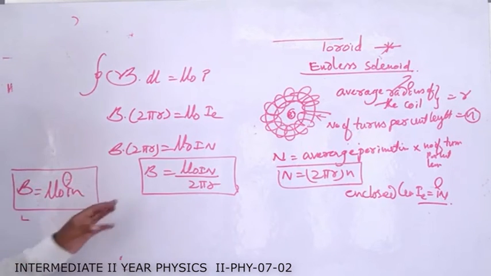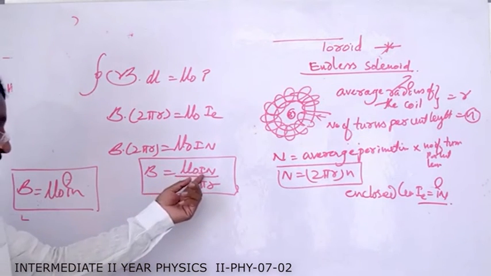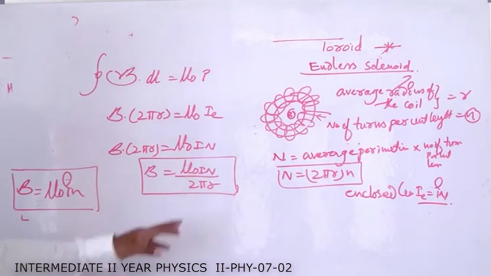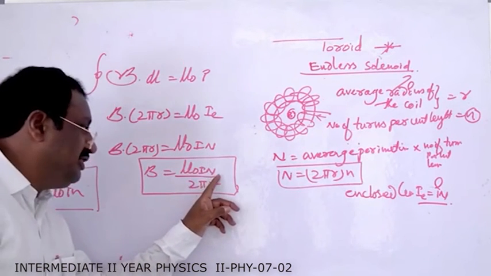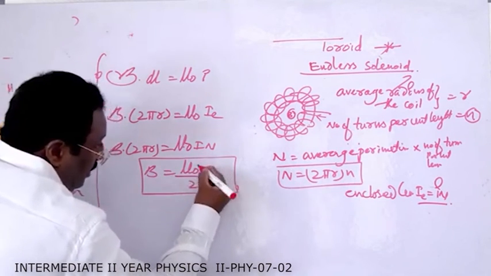Which is easier for finding the magnetic field? In the solenoid equation there are only two letters, I and n, whereas here we have I and N and again R in the denominator. It is difficult, so let us change this equation. What is capital N here? The total number of turns.